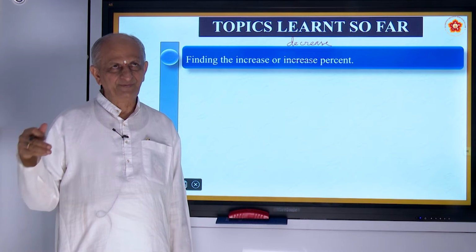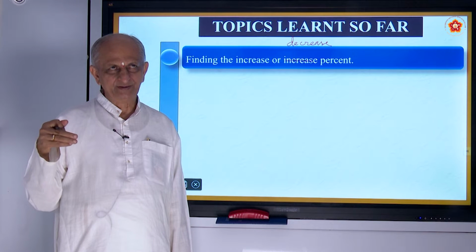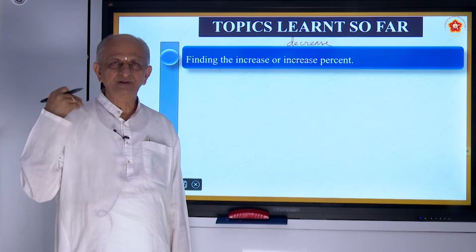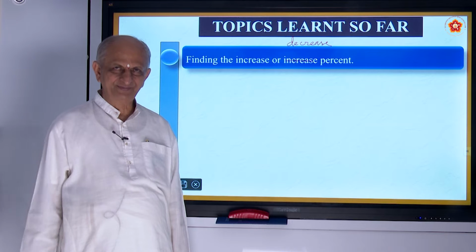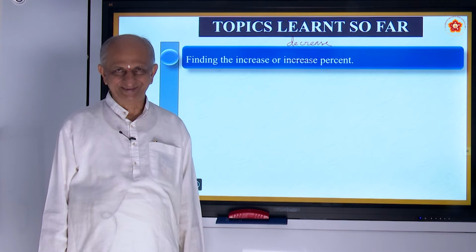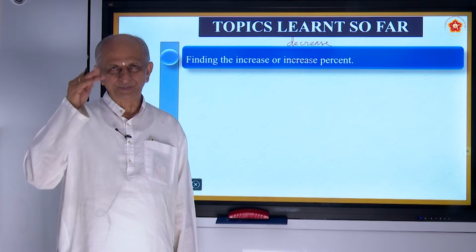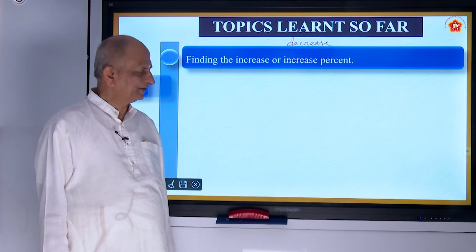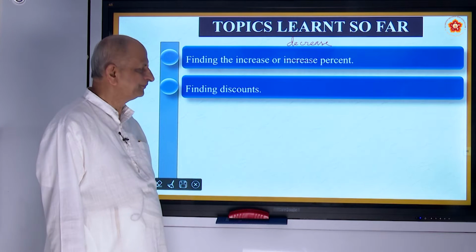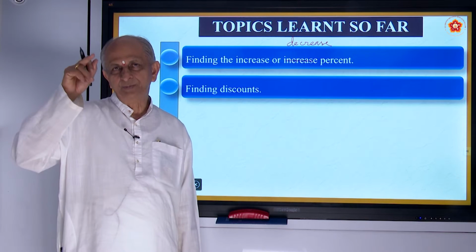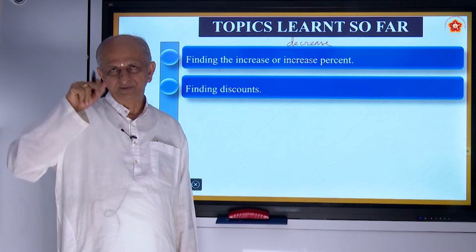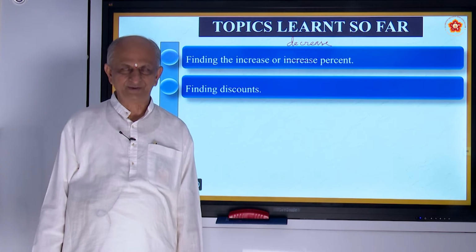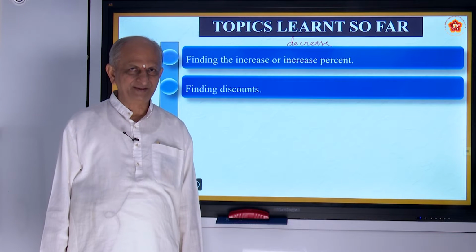So for example, if a pen of rupees 10 is sold for 12 rupees, we say increase. So 2 rupees profit, and profit is 2 rupees for 10 rupees. For 100, how much? That is called percentage of profit, correct?